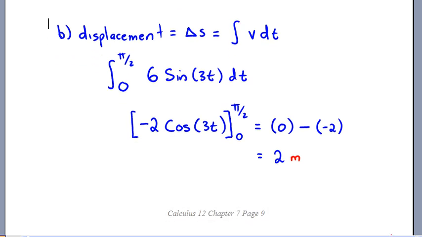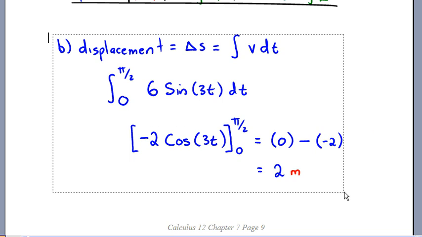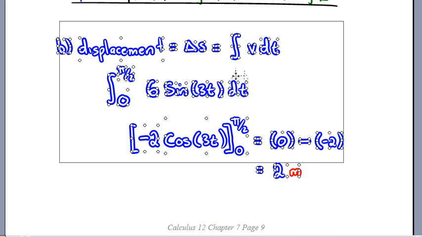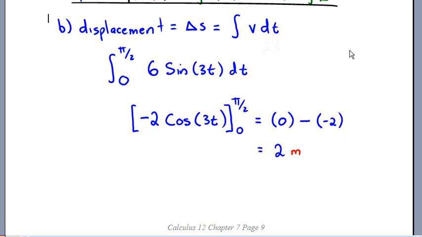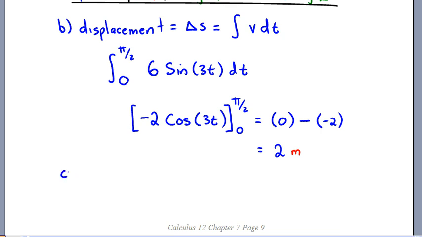Now the final question, I think I can still squeeze it in. Final question says, yeah, but how much did you wear out your shoes? What kind of distance did you cover? Well, that is going to involve integrating as well, but this time I'm going to integrate speed. So distance is going to be the integral of speed dt.